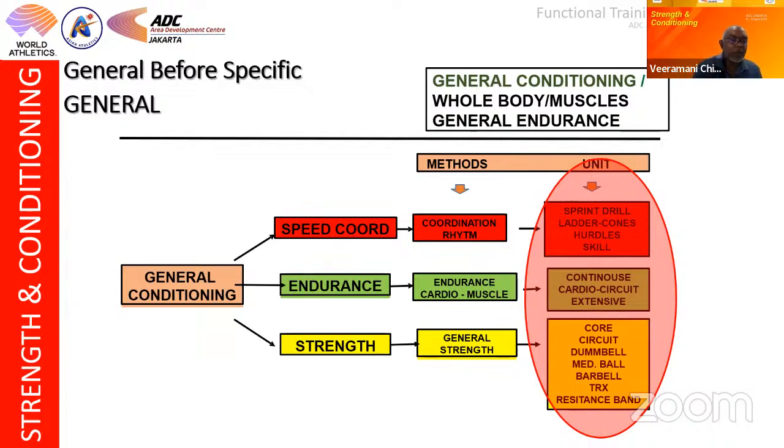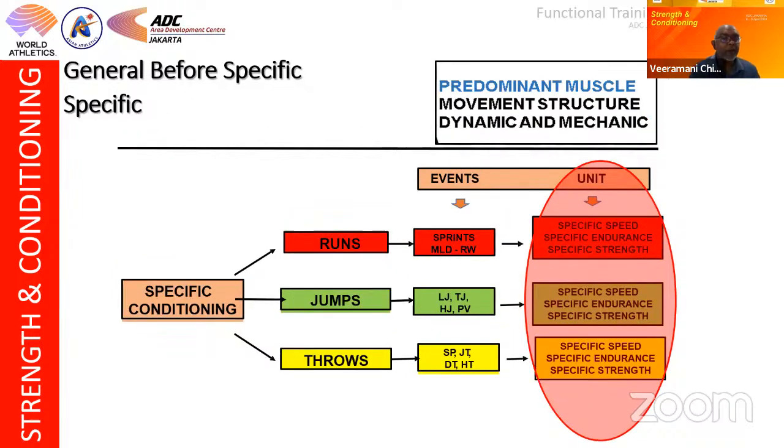Once we're done with this, of course, we will have the other half, which is the more predominant aspect of the event group that we look for. So again, what are the movement structures? What are the dynamic and mechanical requirements that will be needed for us to improve?